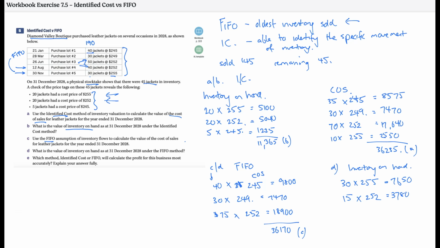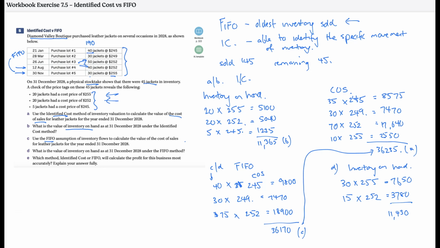And this leads to our inventory on hand being $11,430. Now, interestingly, you might notice our cost of sales of $36,170 for FIFO is less than our cost of sales for identified cost.